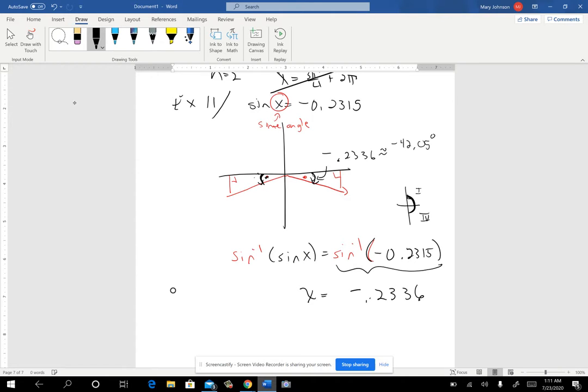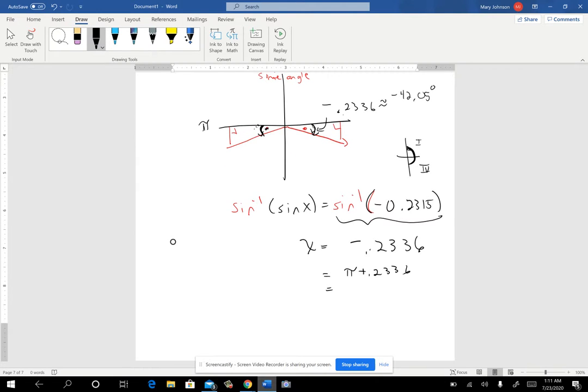So to get that angle, it's pi radians plus the positive 0.2336. So I'm going to think about this being pi plus 0.2336 to get the other angle.